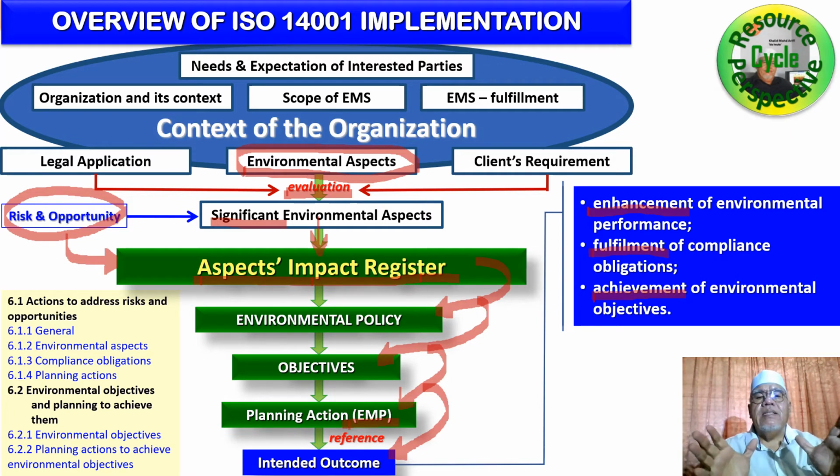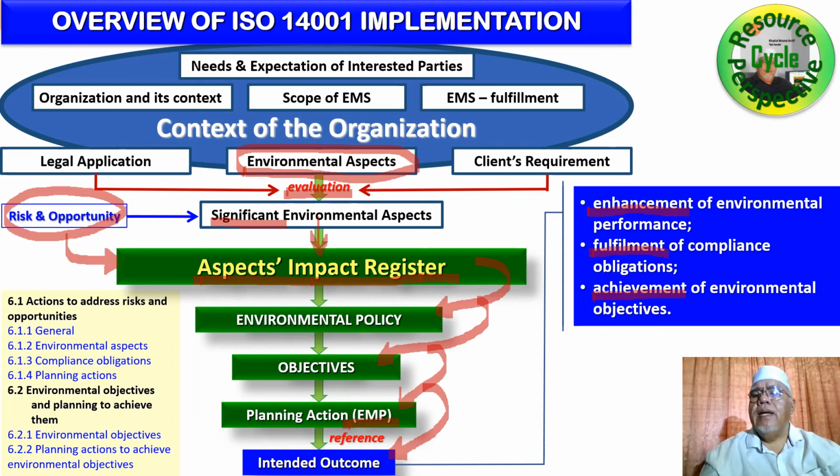So this is the entire chronology representing the philosophy of intended outcome and the entire implementation of EMS ISO 14001 version 2015, and where input-output analysis is. That is what I'm showing you right now.